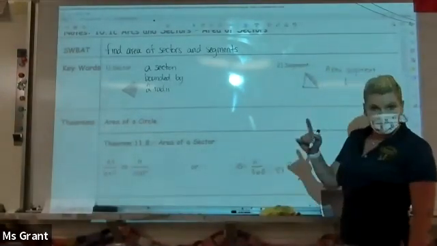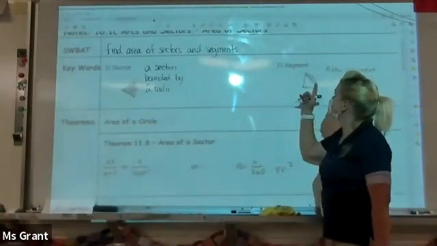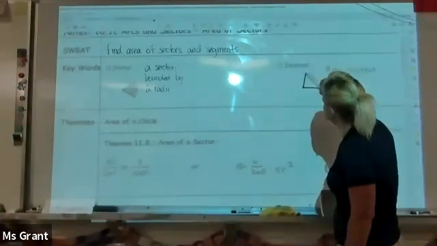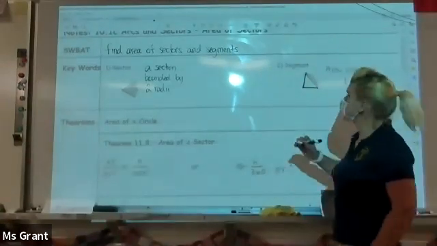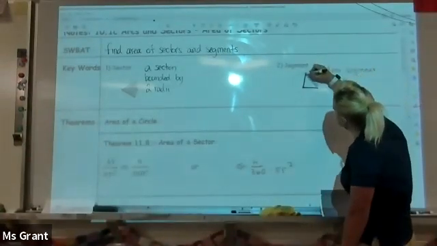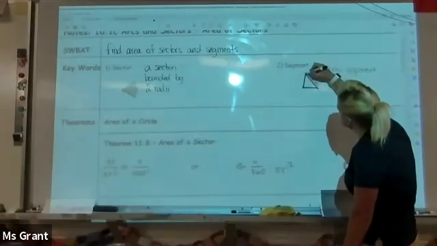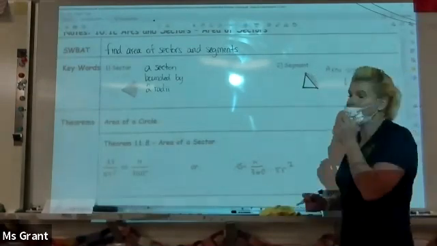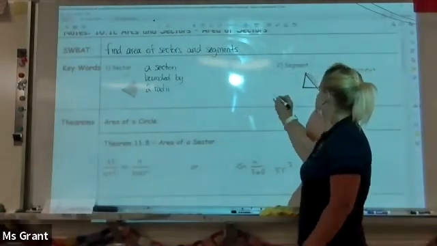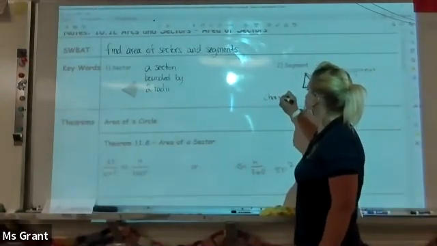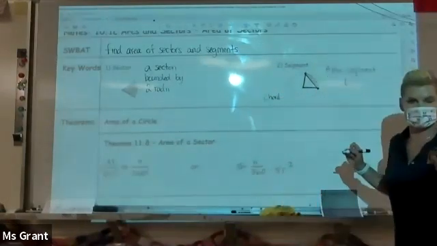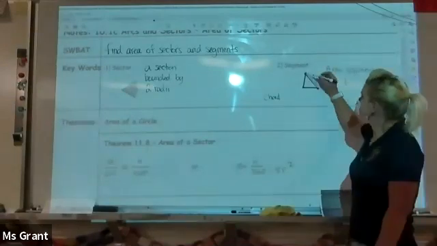Okay, but then the area of this segment. So this is my 2 radii. Then I drew a line. Now there's a line that is called a chord, C-H-O-R-D. And a chord goes from one endpoint to another. It does not cross the center of the circle. So this line is my chord.